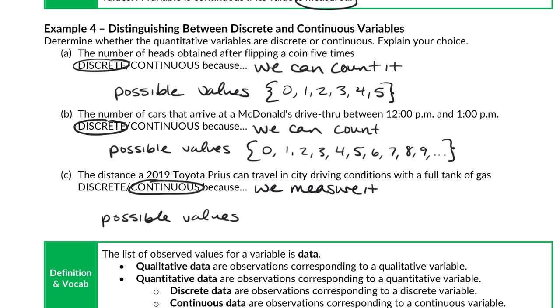So similarly to when domain and range in algebra was discrete with the dots, we just listed them out. For continuous, now we just say that the distance is going to be greater than or equal to 0. This would be measured in miles, feet, inches, things that measure. That's going to be our continuous data.